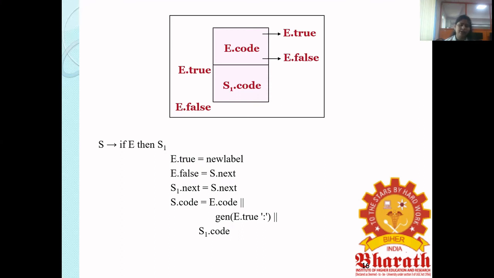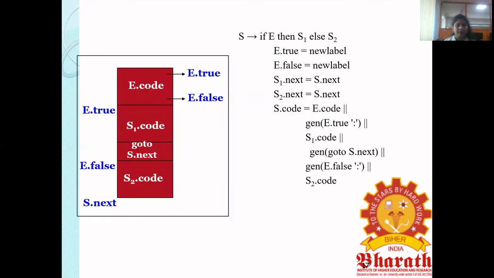S dot code is equal to E dot code. Now we generate the first step: E dot code will execute and then generate whether true or false. If E dot true, then it will come to S1 dot code.